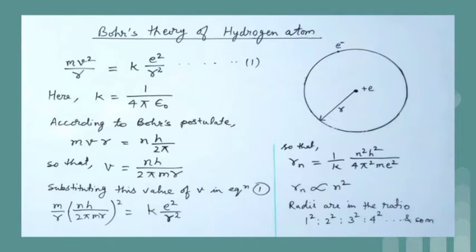Here you see, for n = 1, the orbit is the smallest and it represents the normal state of hydrogen atom. Let us now calculate the value of r for n = 1, which is r₁ = (1/k) h²/4π²me².